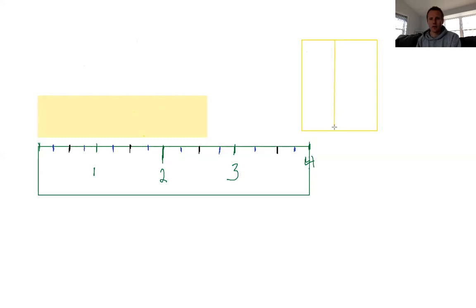So we have figures. Oh, that was not a straight line. Figure 1, 2, 3, and 4, or shape. Length to half inch.